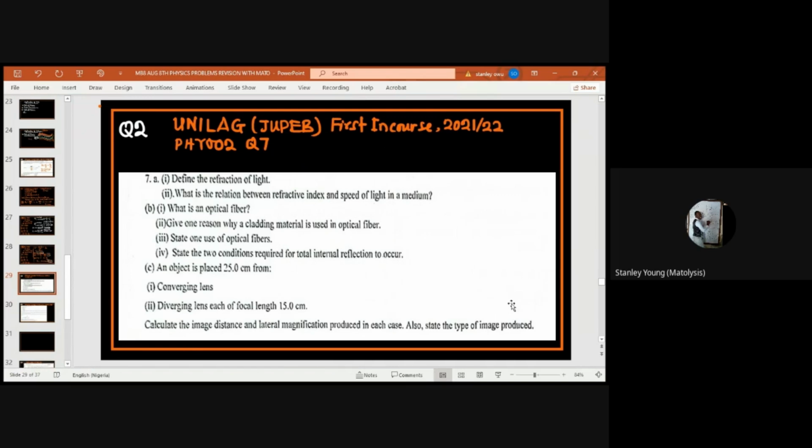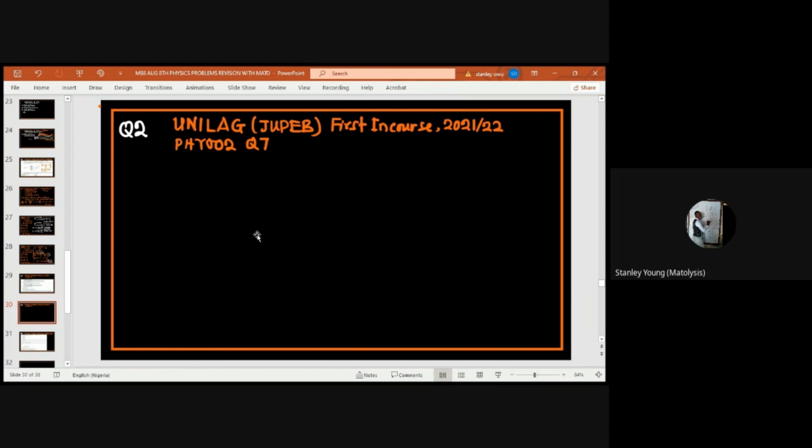Question 2 says define the refraction of light. That's quite straightforward, right? What's refraction? Refraction itself is the transmission of a wave from one medium to another medium.